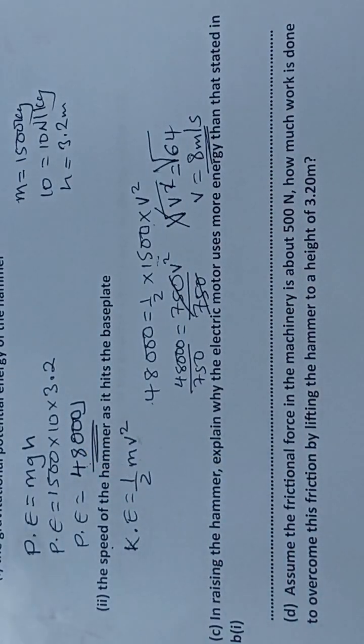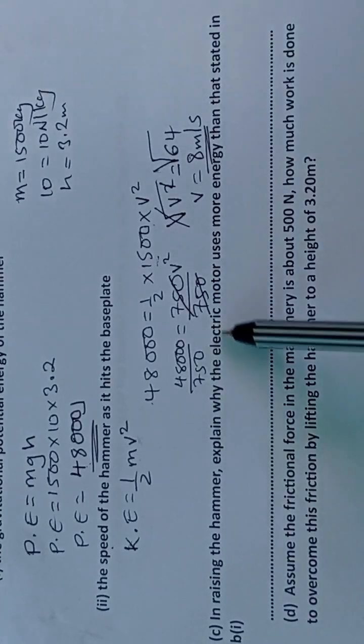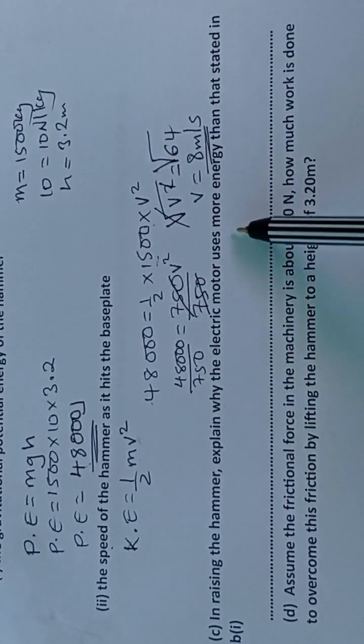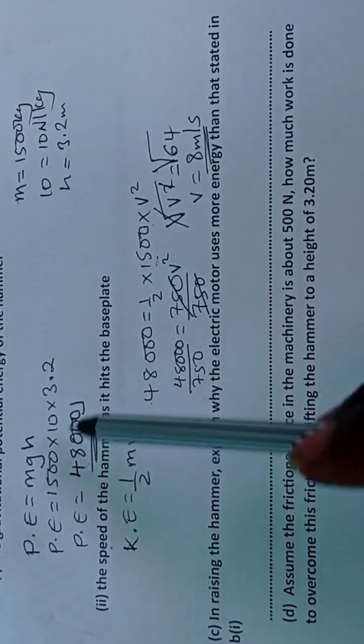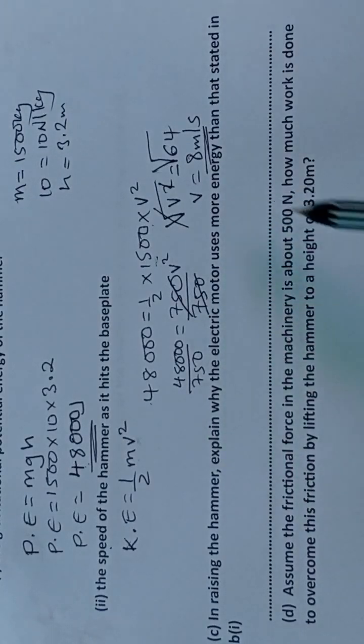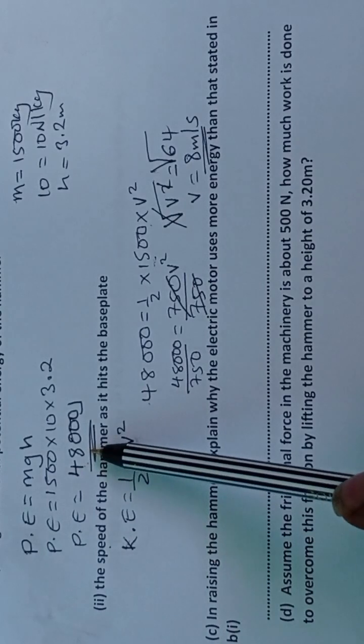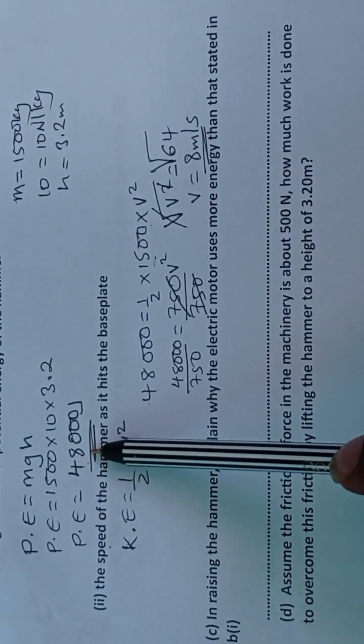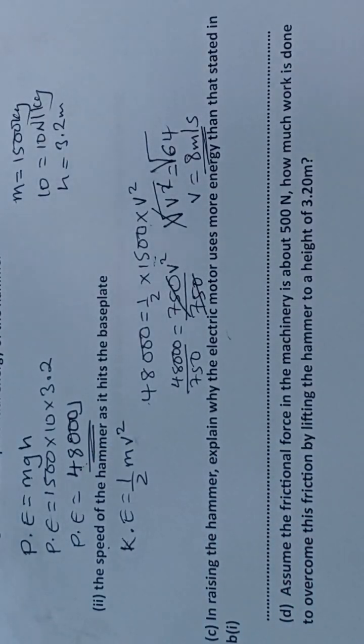In this case, we can just assume that the electric motor has used 55,000 joules, but our calculation is 48,000 joules. So the reason is very simple: more energy is needed to overcome friction.